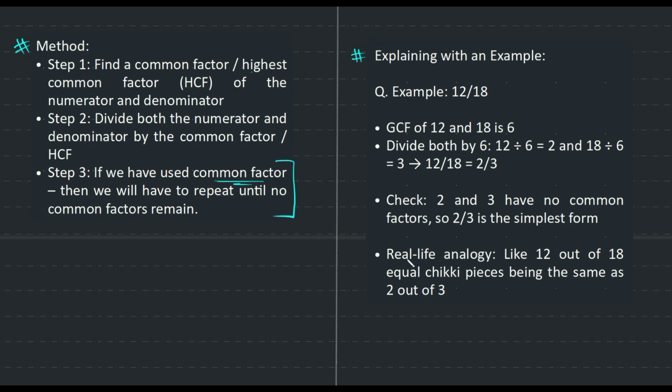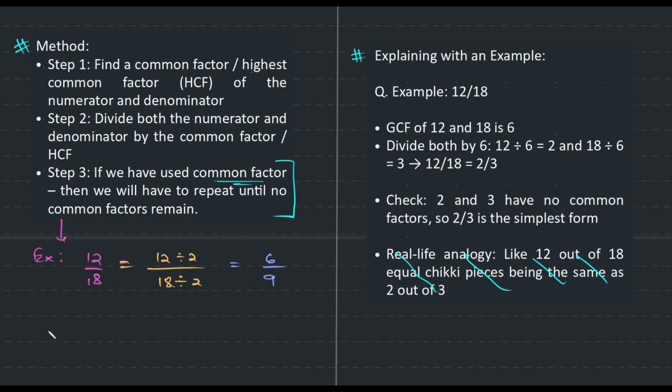Now I want to explain step 3, using the same example. 12 by 18. Instead of dividing by 6, I can also divide by 2. I'll divide both the numerator and denominator by 2, and I end up with 12 divided by 2 is 6, 18 divided by 2 is 9.